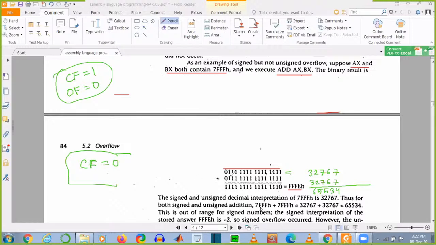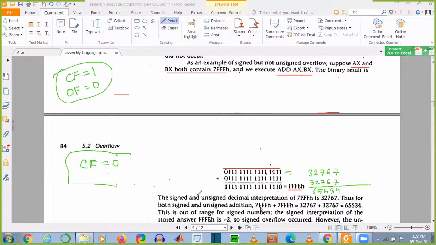Okay, so what is the first number in signed number? If you consider the first number as a signed number, what will be the value?